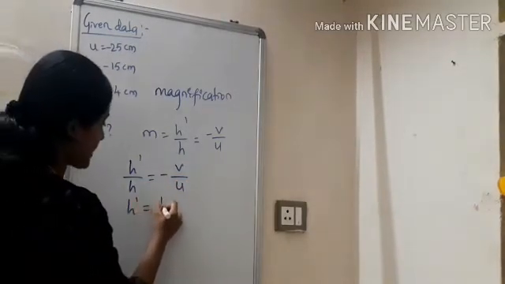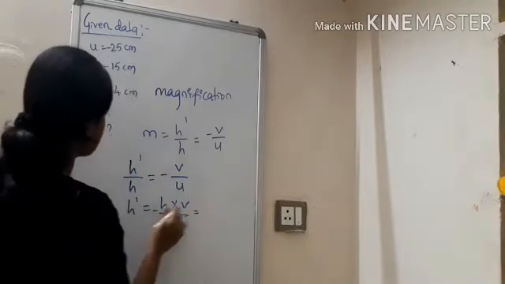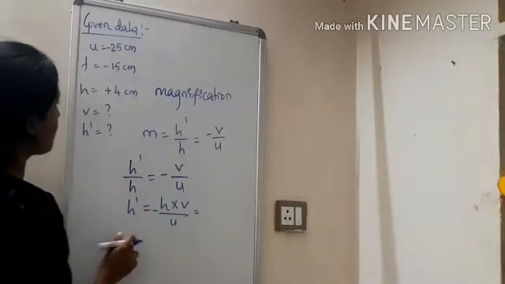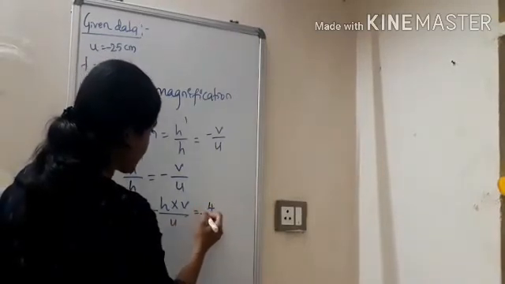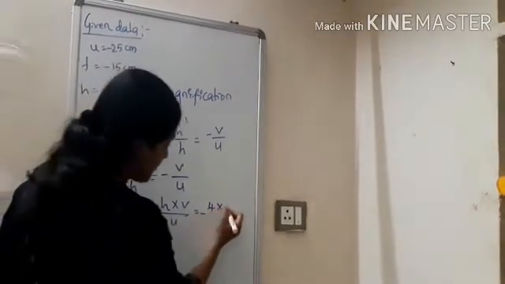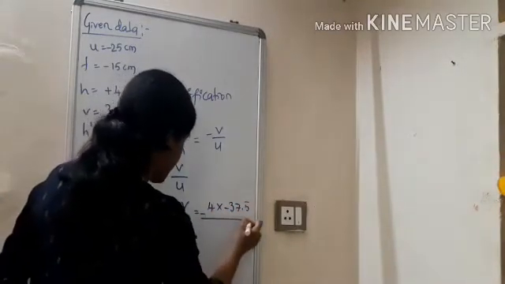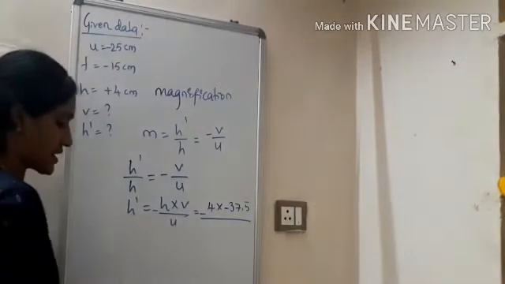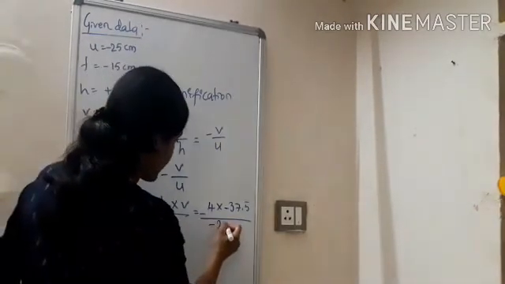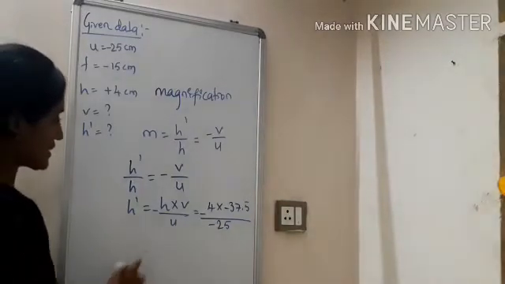We are going to find out h dash equals h into v divided by u. So how much is h? They gave 4 centimeter, into v is minus 37.5 centimeter, divided by the object distance they gave as minus 25, because in front of the mirror the object is kept.